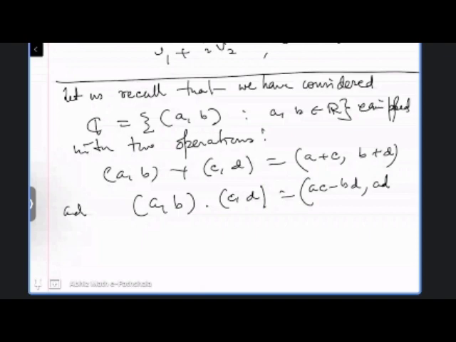And also, if you want to multiply this kind of members of C by I, by definition, what would be the case here?